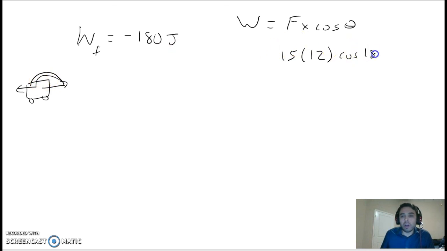So we're going to go 180 degrees here. Guess what the cosine of 180 degrees is? It's negative 1. So 15 times 12 is 180 times negative 1 is negative 180 joules. So that's our work done by friction, right? Again, it has to be that, because friction is opposing the direction of motion.